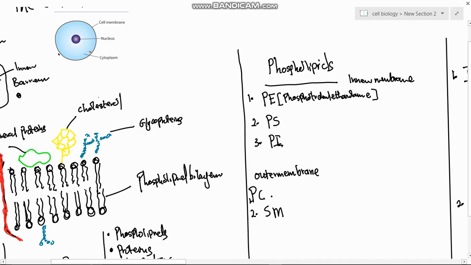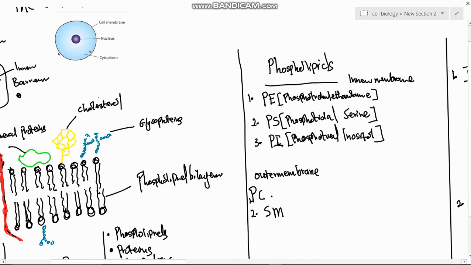Then we have the second one, the phosphatidylserine. And then the last one, we have the phosphatidylinositol.